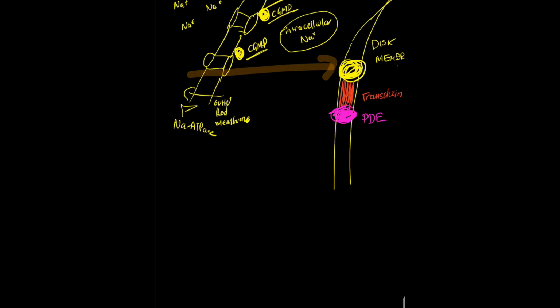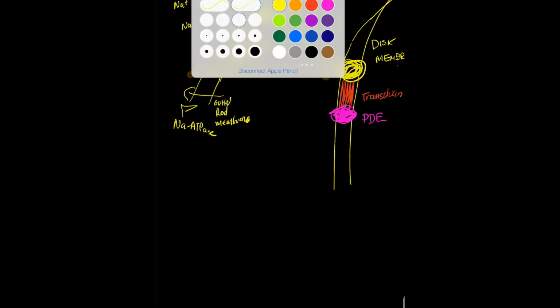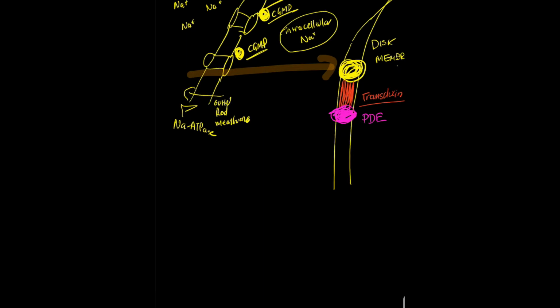And in turn, it moves the G protein called transducin. Transducin then activates that enzyme called PDE. And what PDE does is it takes cGMP in the cell and breaks it down into GMP.